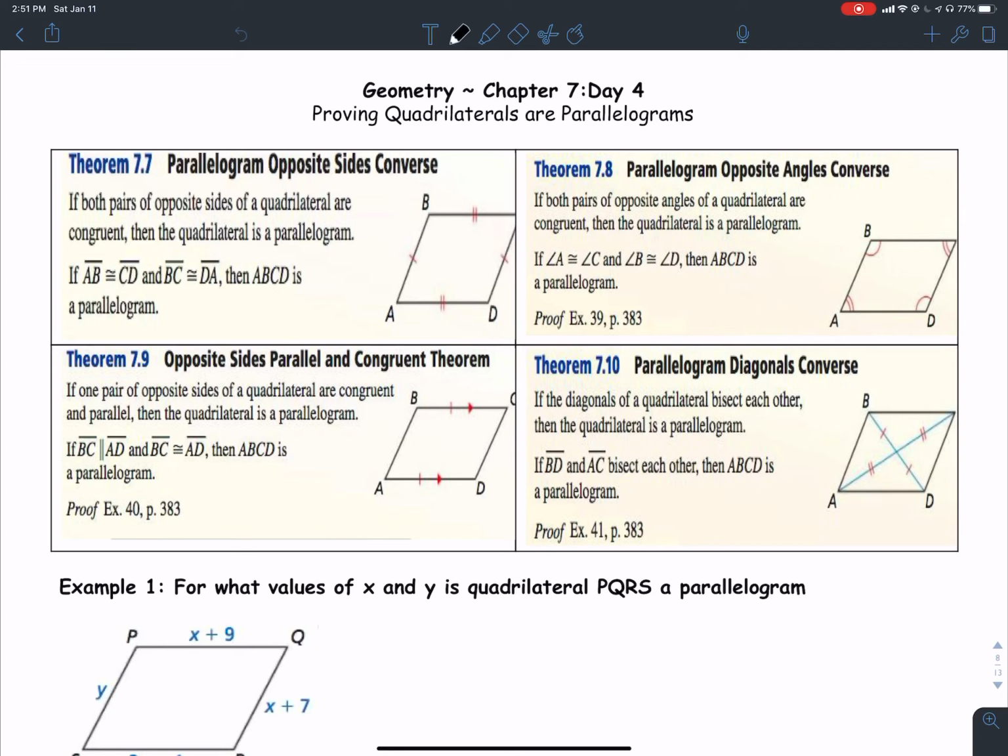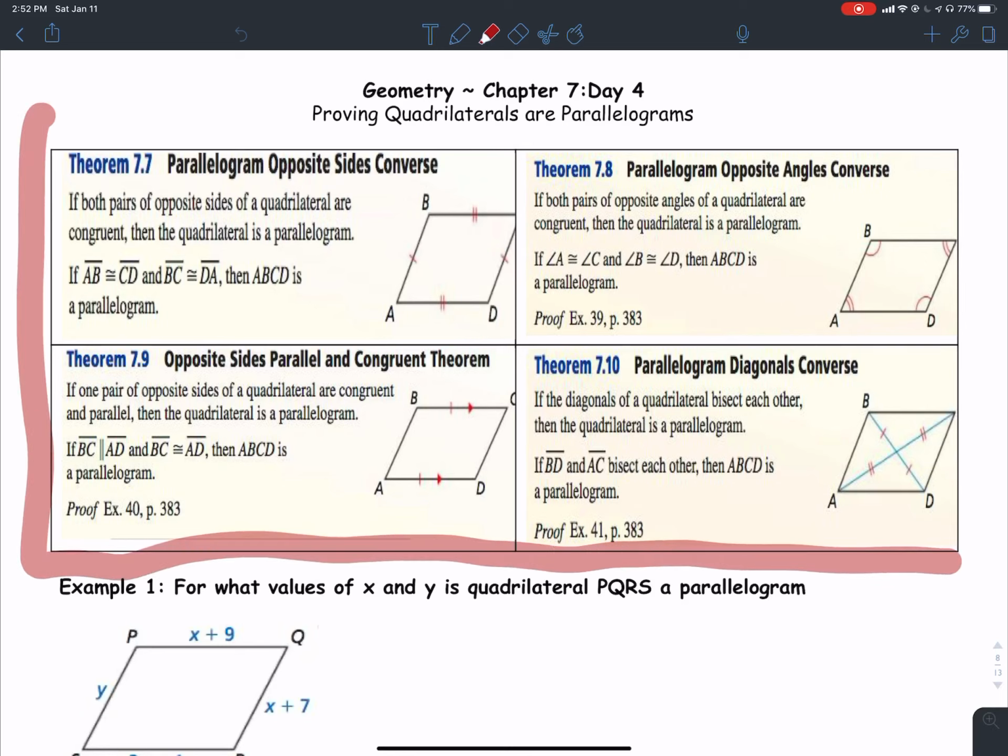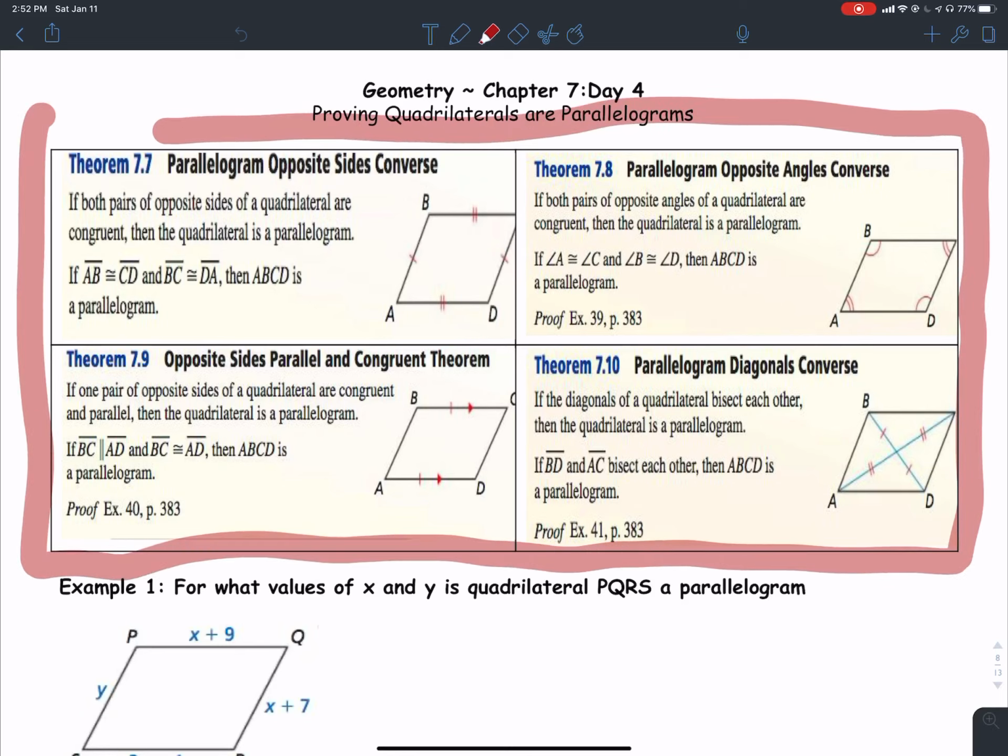So looking at the fact that if we have a quadrilateral and we have two pairs of opposite sides that are congruent, then it is a parallelogram. Okay, so knowing these 4 theorems are very important. So we'll talk about these more in class, and why they're so important.